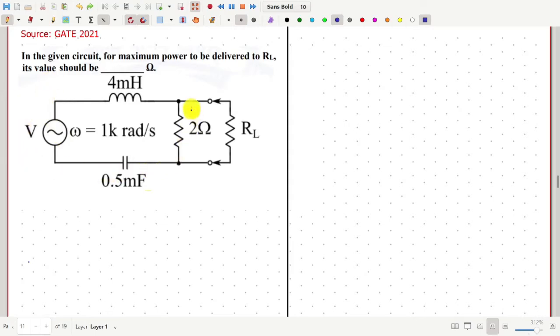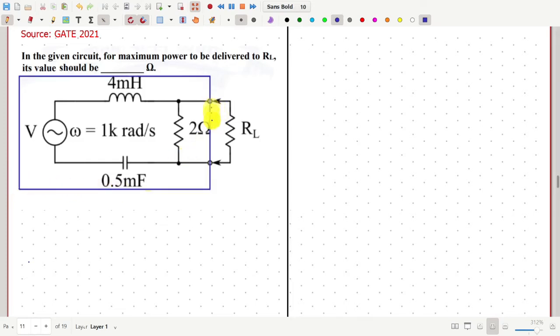In this circuit, we have to find the value of resistance RL so that it can consume the maximum amount of power. Notice that we have a circuit with two terminals between which RL can be connected.